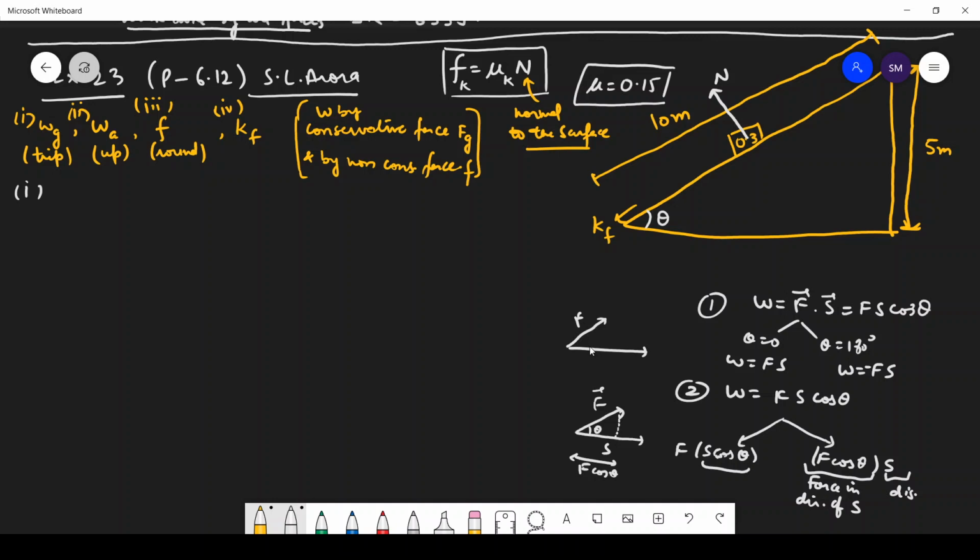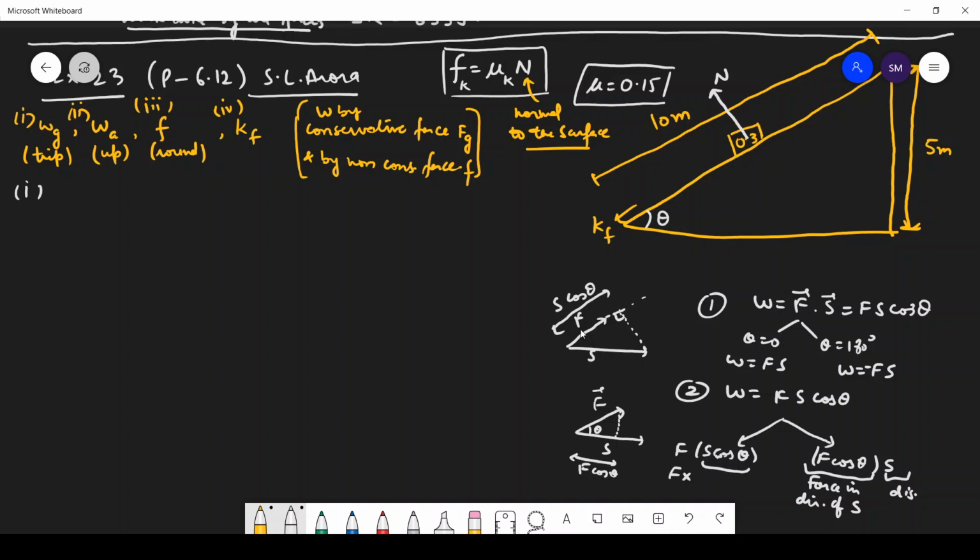Now, this was your force, this was your displacement, so draw a perpendicular over there. So this distance is your S cos theta. So here is the projection of F on S, and here the projection of S on F. So this is force into displacement in the direction of force.